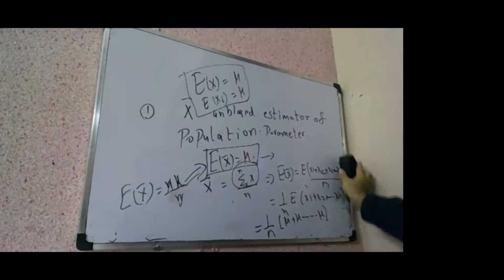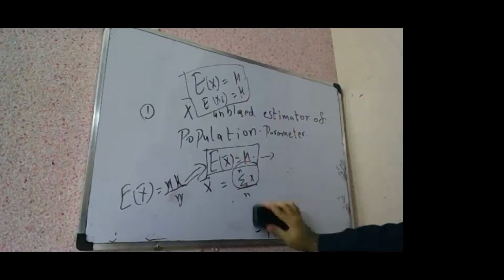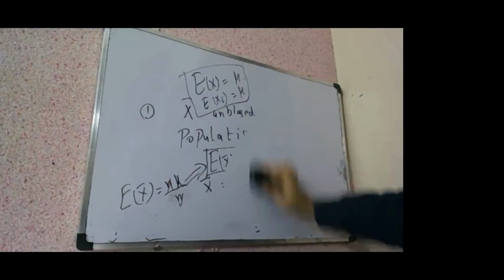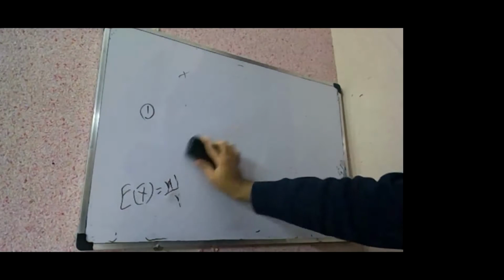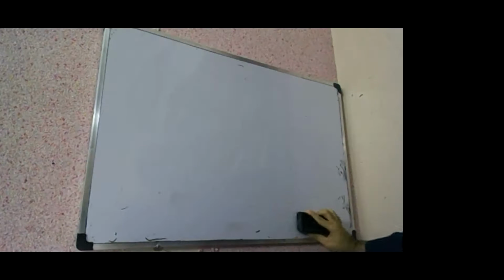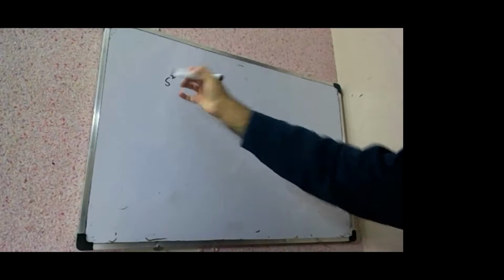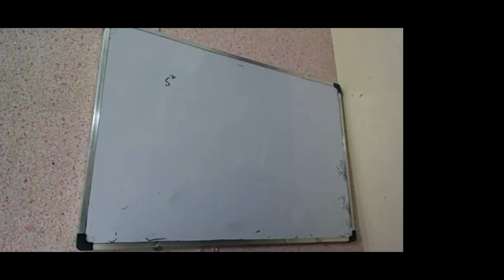Now, similarly, let's talk about this. It's really simple. We talked about the sample variance also being an unbiased estimator of sigma square, right? We are proving that for the small s, which we already talked about in the last lesson.